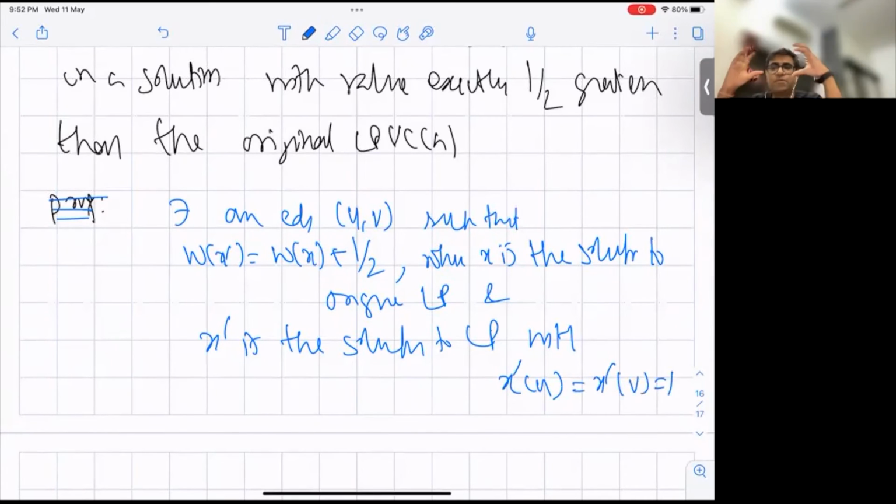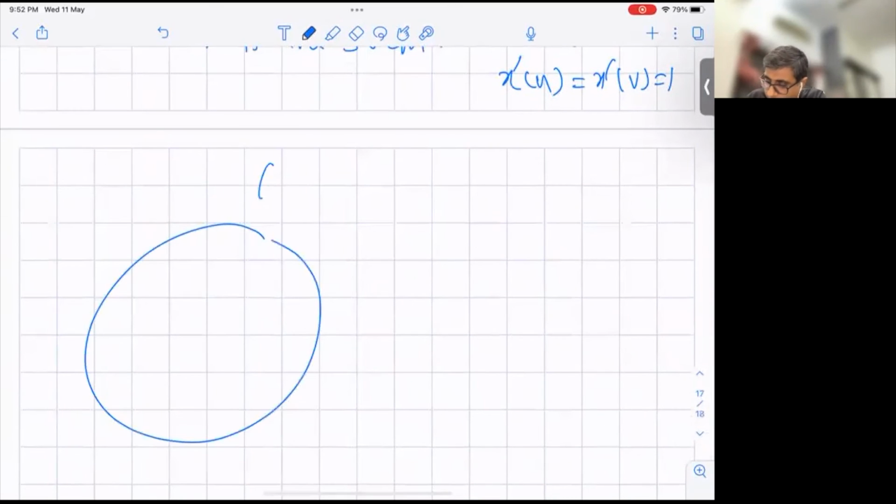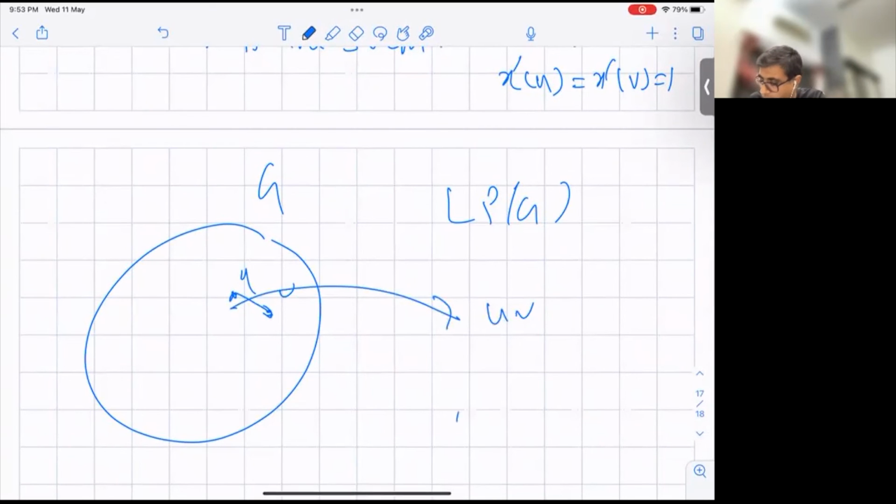Do you understand what I'm trying to say? Look at an edge in your graph. Look at your LP of the graph G. You computed some LP value of this. You pick up an edge UV in this graph. Delete UV from the graph. Look at G minus UV.